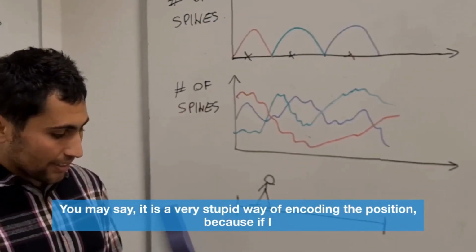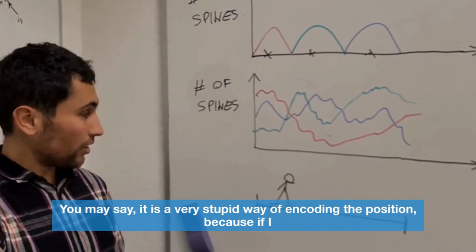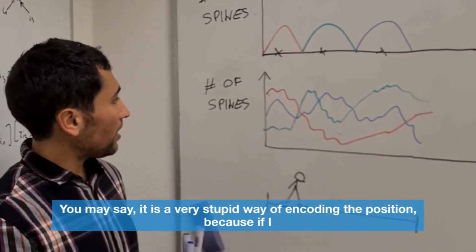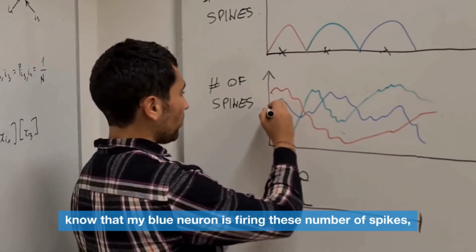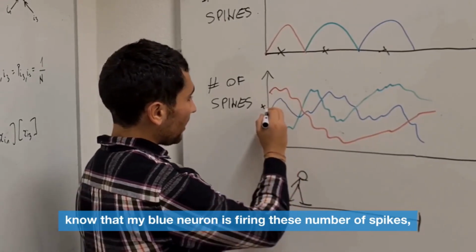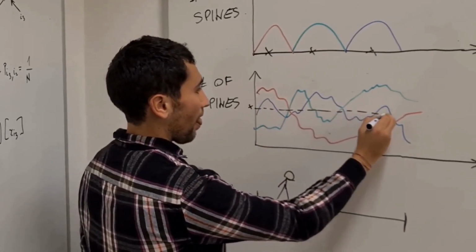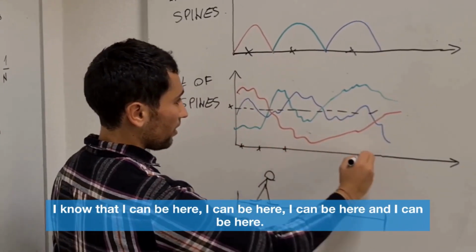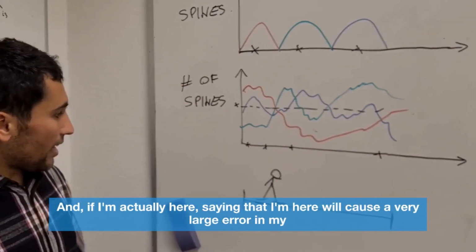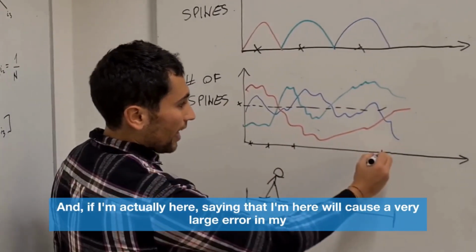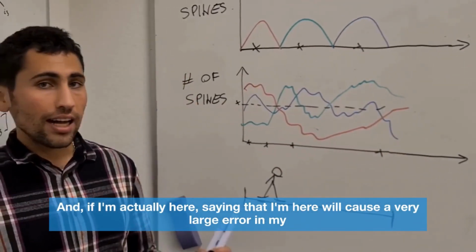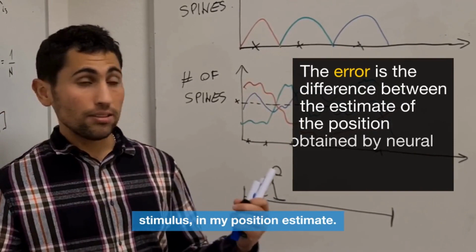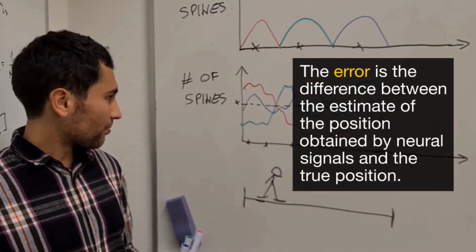You may say that this is a very stupid way of encoding the position, because if I know that my blue neuron is firing this number of spikes, I know that I can be here, I can be here, I can be here, and I can be here. And if I'm actually here, saying that I'm here will cause a very large error in my position estimate.